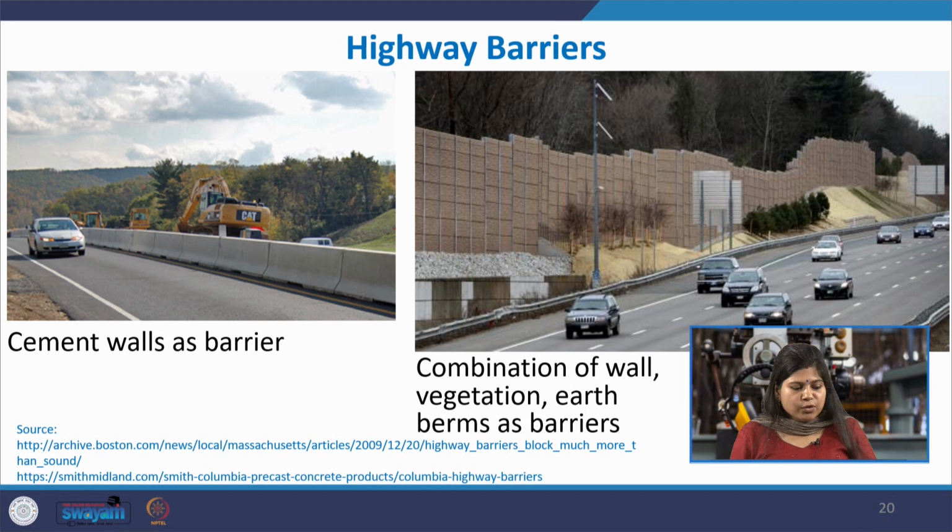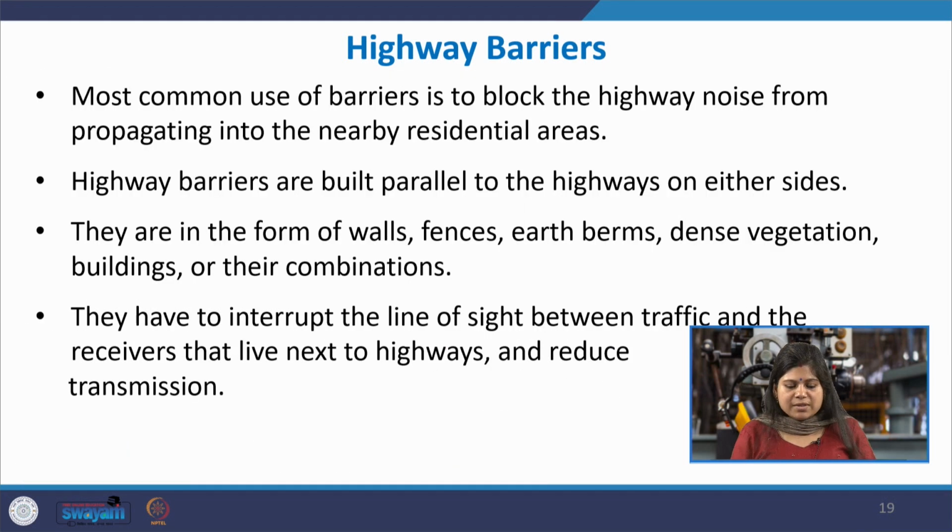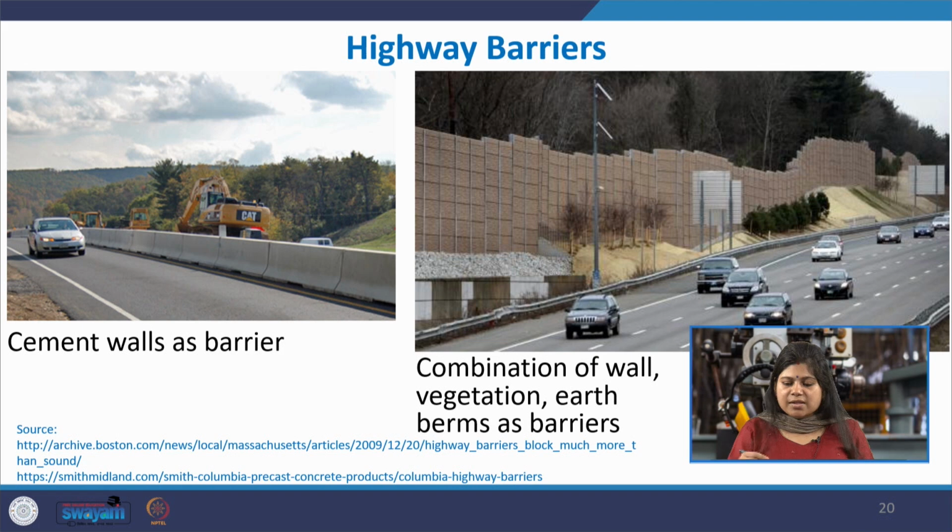These can be in the form of cement walls, fences, earth berms, dense vegetation, buildings, or various such combinations. So, you can see along the highways the trees and plantations, the cemented barriers, and all these various kinds of complicated barriers as well. They are there to block the sound waves.